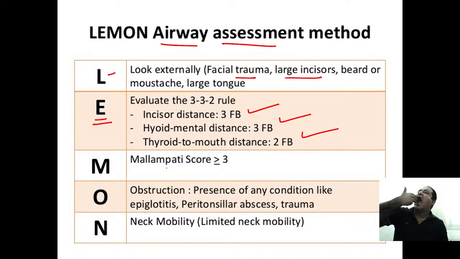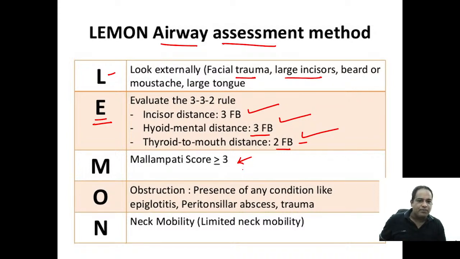The distance between the 2 incisors, the distance between the hyoid bone and the chin has to be at least 3 finger breadths. The thyromental distance has to be at least 2 finger breadths. Mallampati score has to be less than 3. Otherwise, intubation and airway management can be difficult.